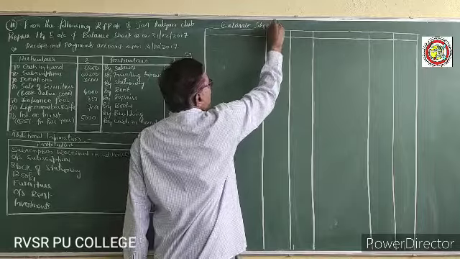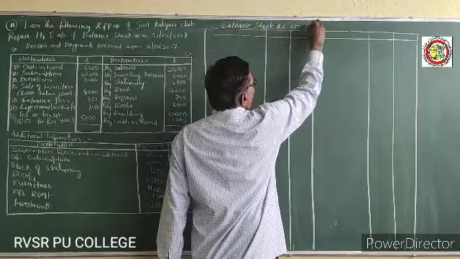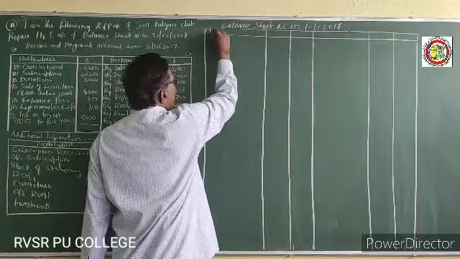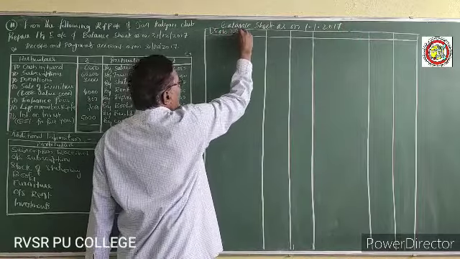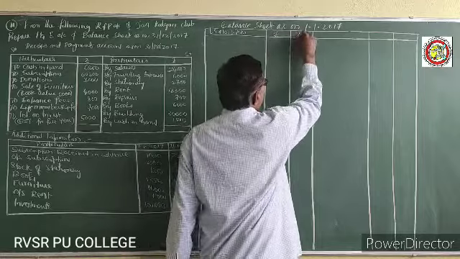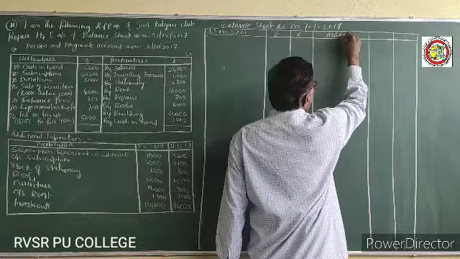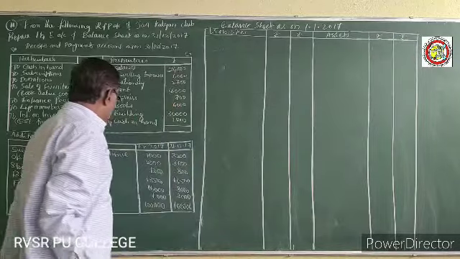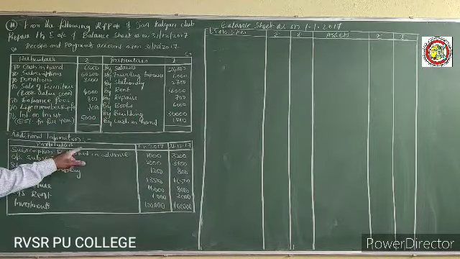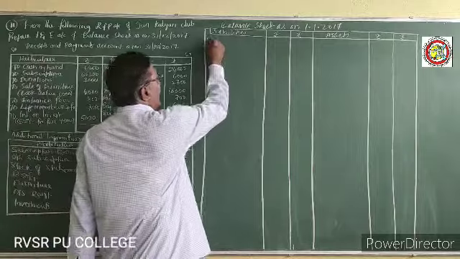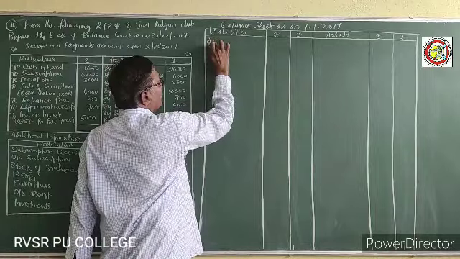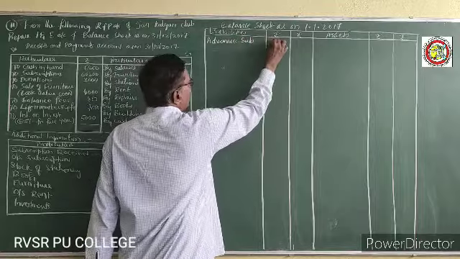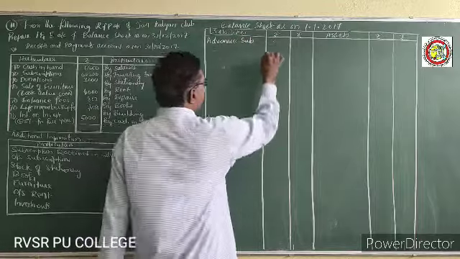Balance sheet as on 1/1/2017. Liabilities, rupees; assets, rupees. Subscription received in advance in the previous year, that is 1,000.